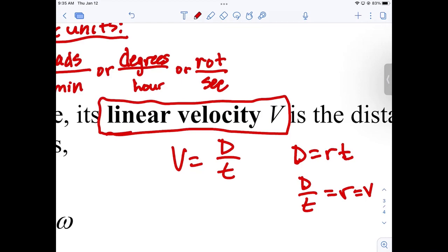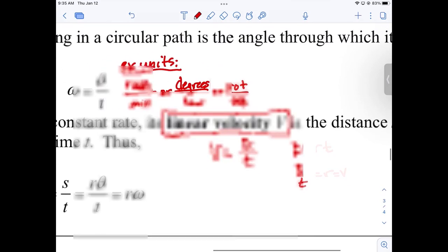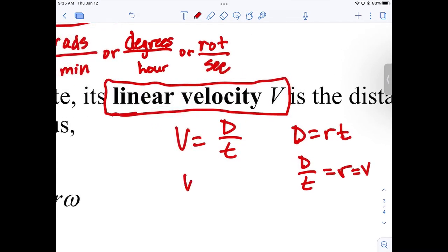Well, if our distance is being tracked around a curve, what do we call the distance around a curved path? It's part of the circumference. It's called the arc length s, right? For spinning, the velocity is the distance s divided by time.